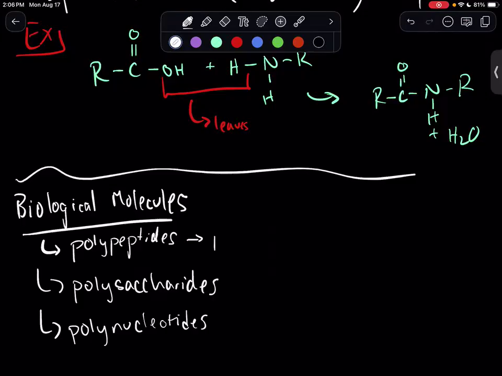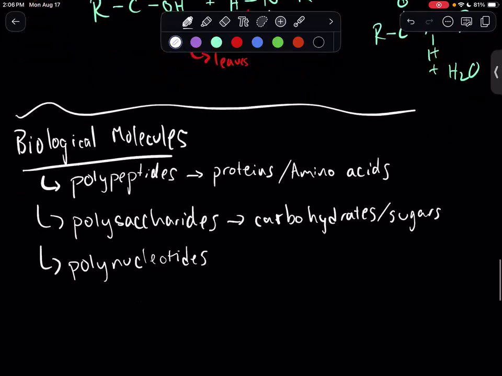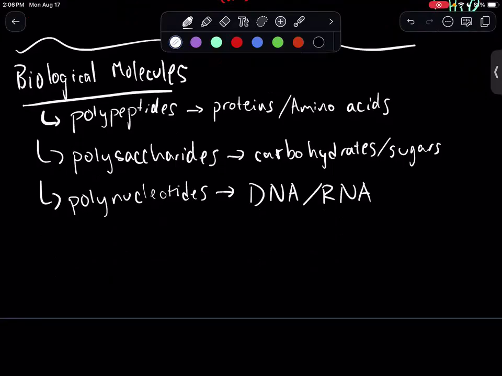Now, polypeptides are just proteins, also referred to as amino acids. Polysaccharides are carbs or carbohydrates and sugars. Sugars are carbs, and polynucleotides are what we refer to when we're talking about DNA and RNA. The NA stands for nucleic acid, and the D and R stand for the sugars within it, deoxyribose or ribose.